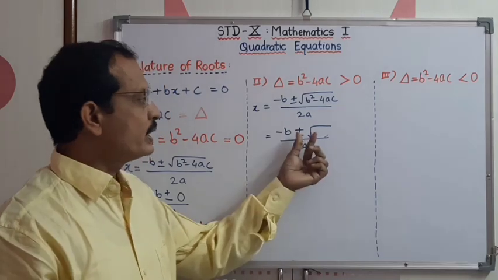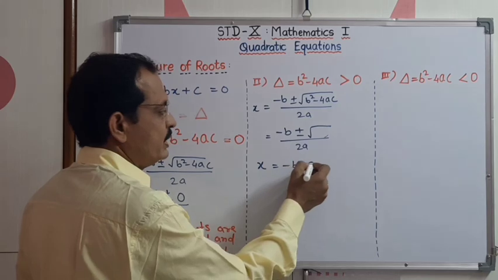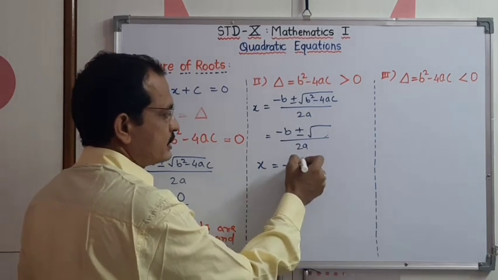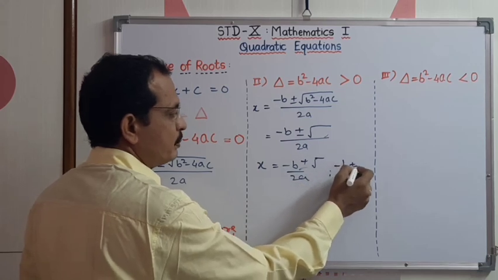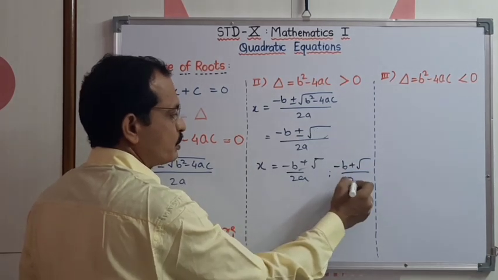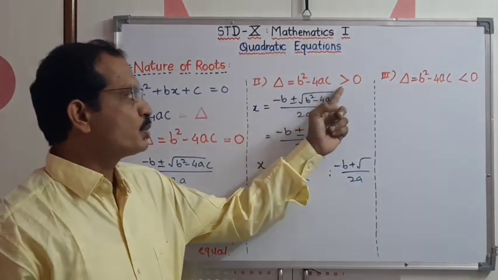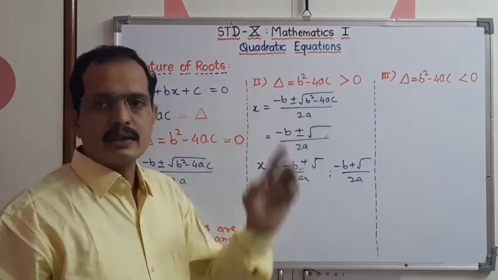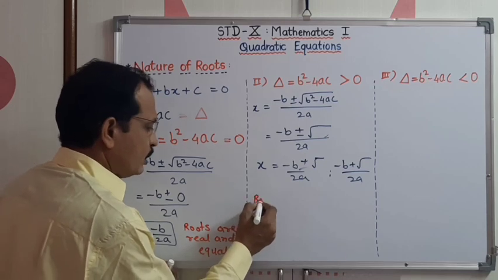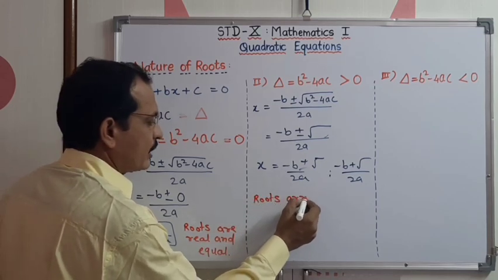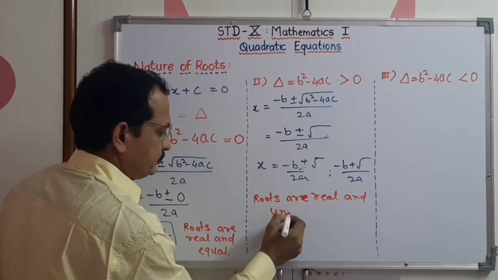But with that value we get two answers, and therefore we get x is equal to minus b plus under root b square minus 4ac upon 2a, and second, minus b minus under root b square minus 4ac upon 2a. That means when b square minus 4ac, that is the value of delta, is greater than 0, then we can say that the roots are real and unequal.